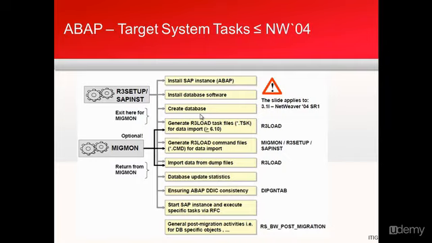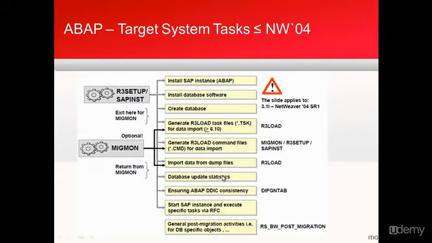Okay, multiple R3load processes are called in parallel. So we are doing parallel imports using R3load, and after the data load it is necessary to run update statistics to achieve the best possible performance.